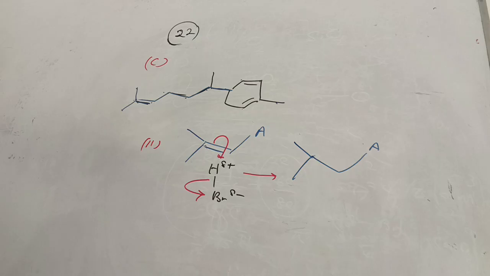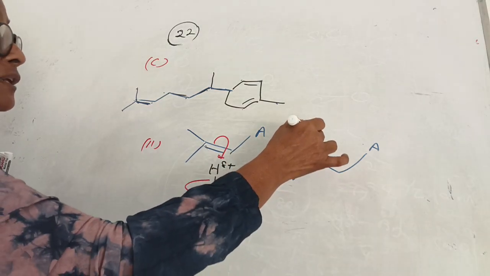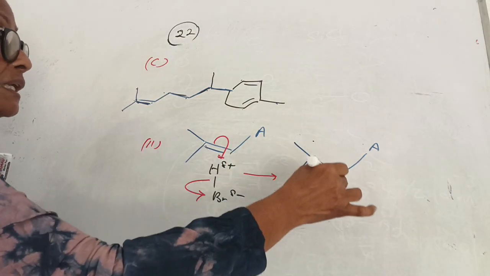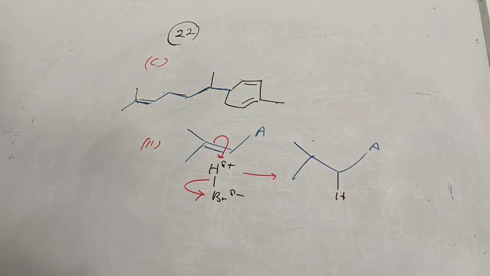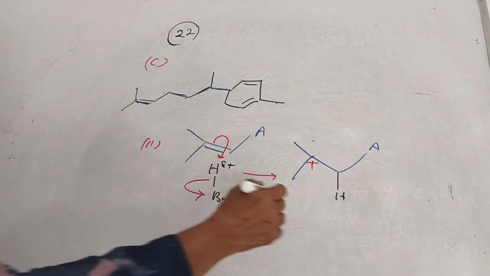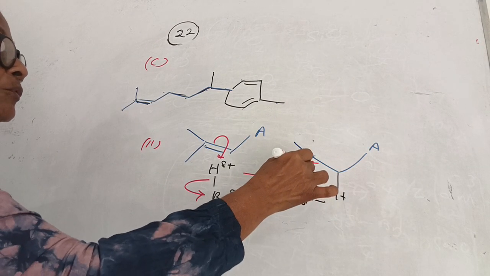You are asked for one molecule of hydrogen bromide, so if the hydrogen is attached here, then the bromide ion with an electron pair should move over there.